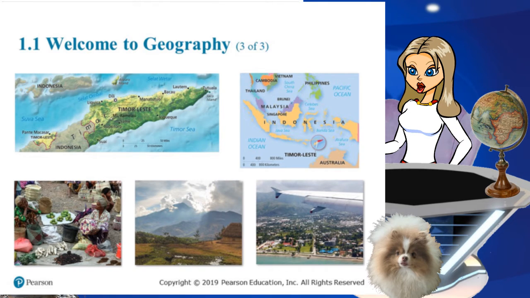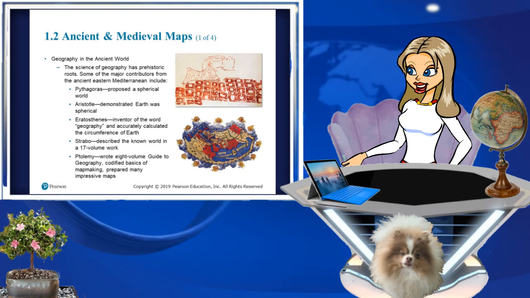The distance between the capital, Dili, and Mount Ramelow, the country's highest elevation, is only 70 kilometers. In reality, the gap is substantial because travel from Dili to Mount Ramelow requires a 5-hour drive followed by a 5-hour hike.